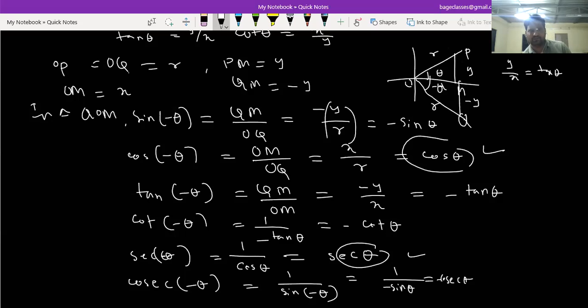That is the proof. Therefore, sin is minus, cos is plus, sec is positive as well. Tan of minus theta is minus tan theta, cot is negative, that is minus cot theta, cosec is negative, that is minus cosec theta. Like this, these are the trigonometric ratios of minus theta in terms of those of theta.